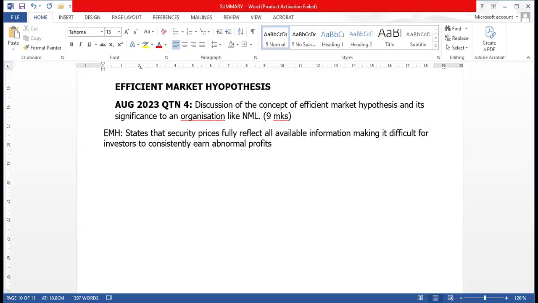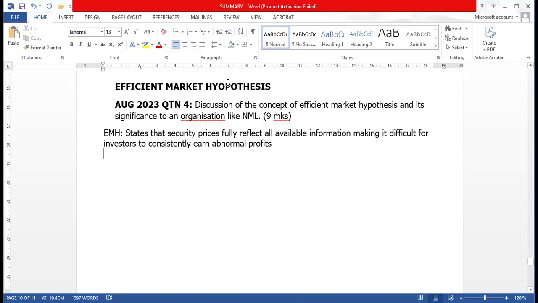Now, the way I put it here doesn't mean that you cram it the way it is. No, you explain the way you understand it. So here we are just trying to say that when it is market efficiency, the prices you quote for the security that you're selling, or the security I want to buy, I believe that the price reflects the information that I'm aware of.